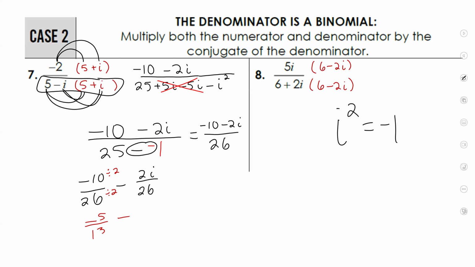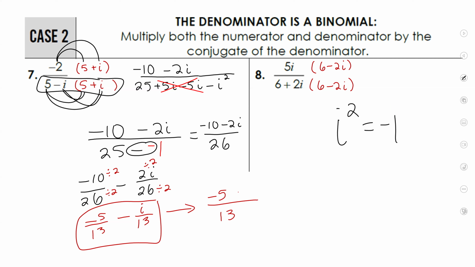Minus, let's divide this 2 by 2 and this 26 by 2. 2 divided by 2 is 1, so it's just i. 26 divided by 2 is 13. Remember, guys, you're going to see it like this, and you'll also see it where they just combine the numerator. So your denominator will stay the same, and they just keep it like that. You'll see it written both ways.